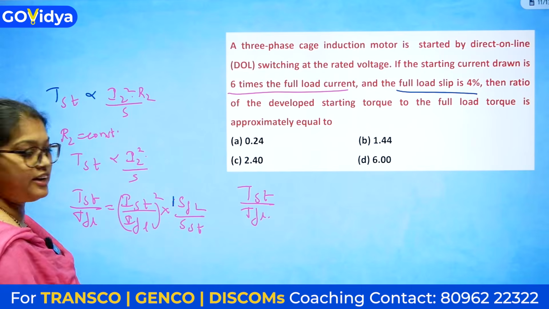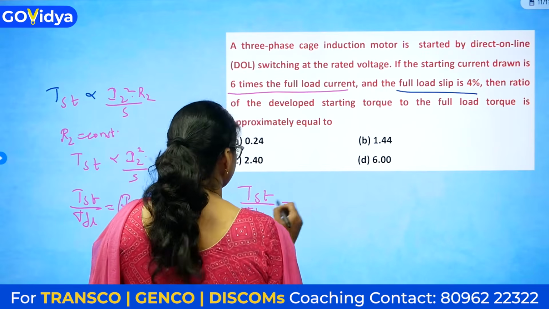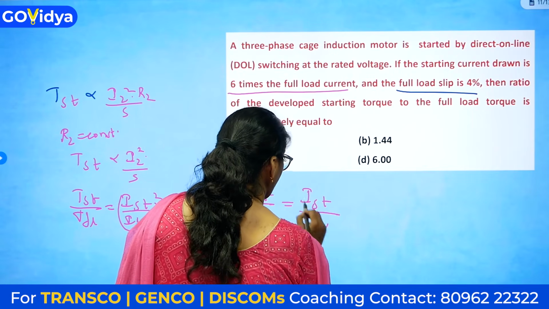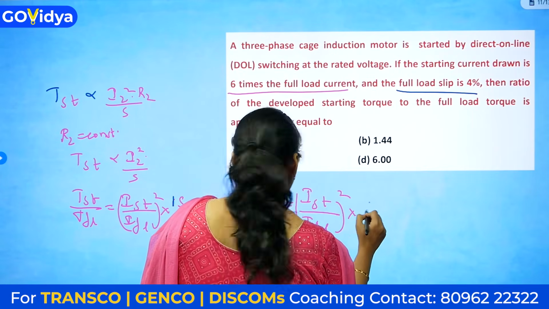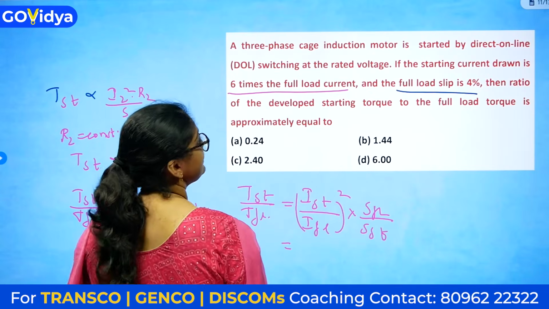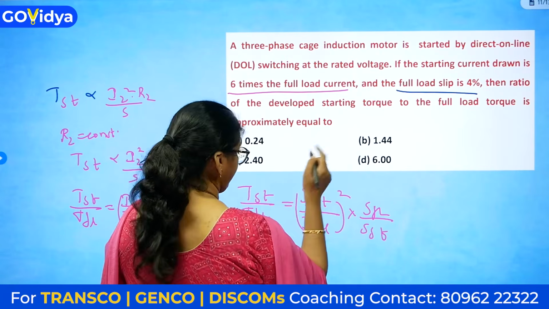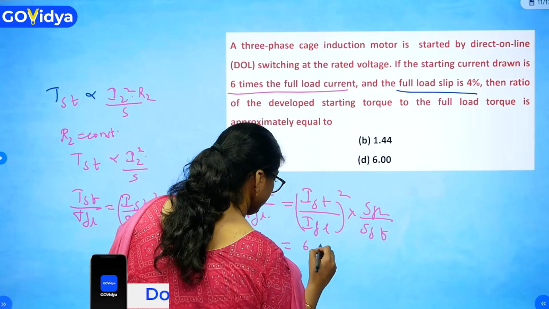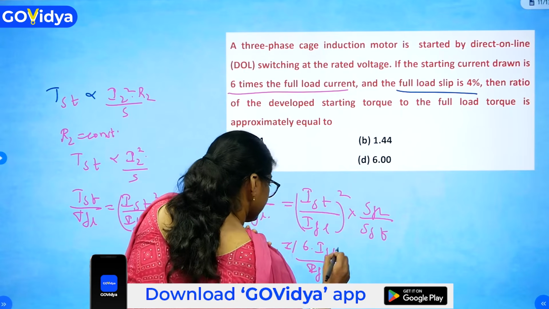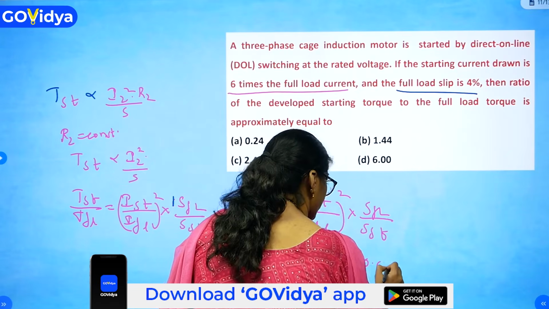So in this way we have derived the formula. We will substitute in this. The formula is TST by TFL is equal to (IST by IFL) whole square into SFL by SST. In the question they have said that the starting current is 6 times the full load current, so 6 into IFL by IFL, whole square, and the full load slip is 4%, which is 0.04.